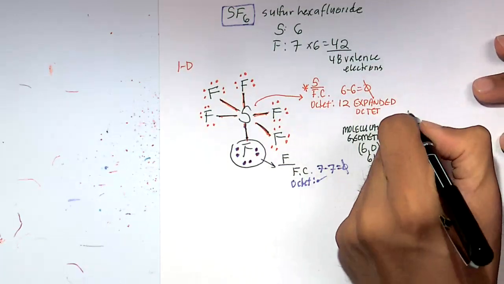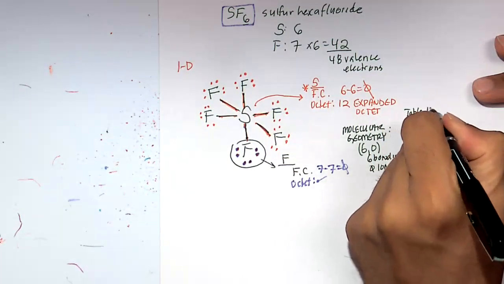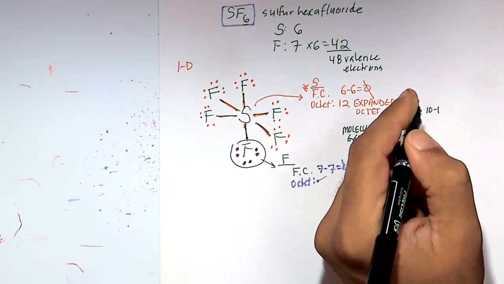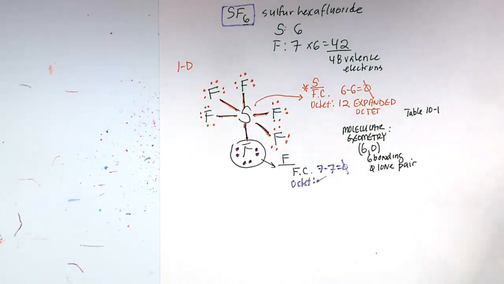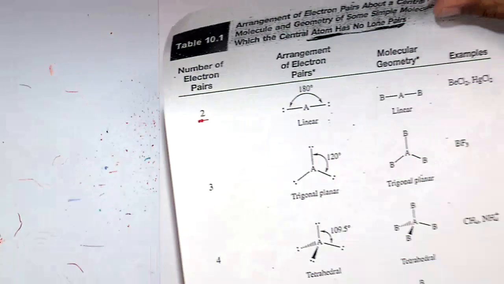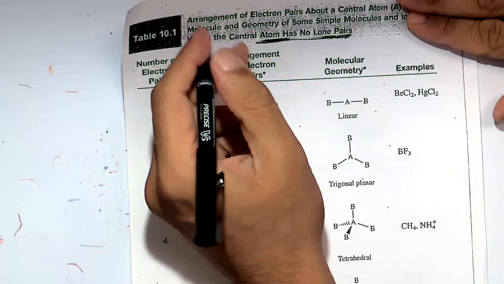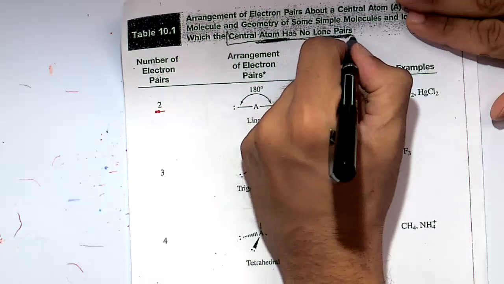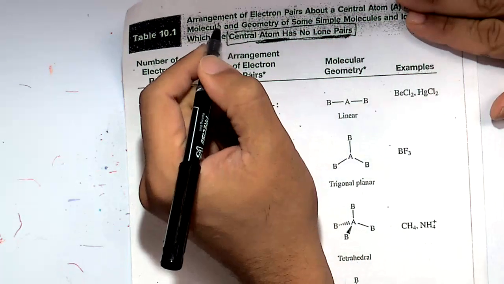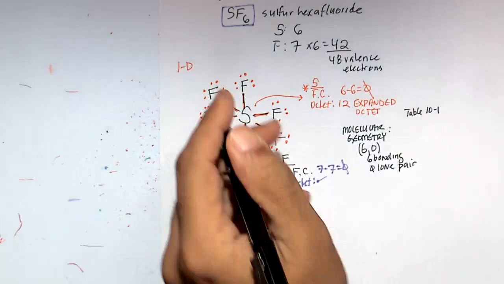So here you want to use table 10.1 in your textbook. You can use 10.1 and 10.2 on your exam. Why am I saying 10.1 instead of 10.2? Because here the central atom has no lone pairs. So 6 bonds, 0 lone pairs.